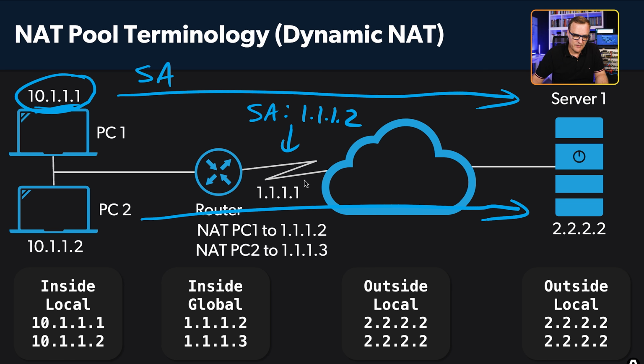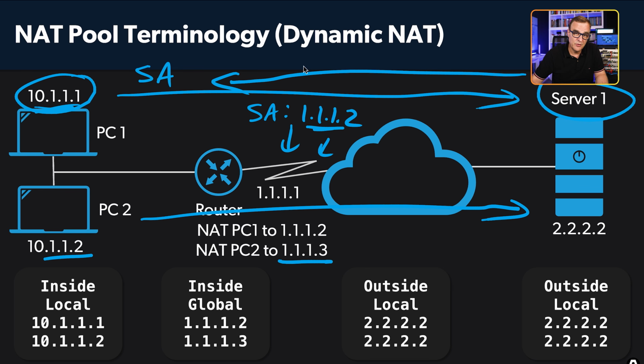When we capture the traffic on this link for PC2, the source address is going to be 1.1.1.3. This server is going to believe that it's talking to 1.1.1.2 for PC1, and traffic will be returned to that address, and this IP address will be translated back to that, as we can see in this table.